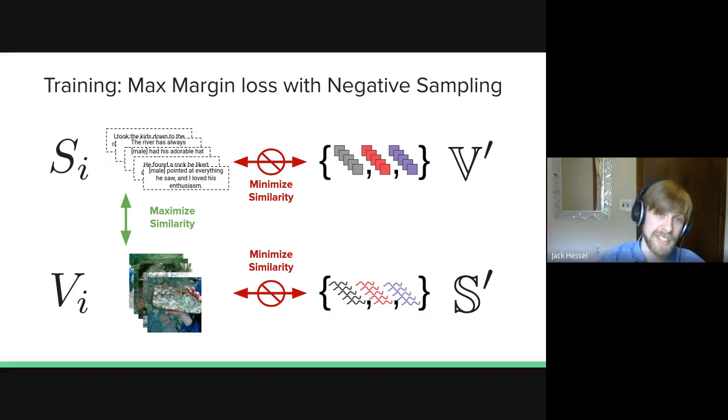So for this particular set of sentences, for example, we will negatively sample image sets from different documents and minimize those similarities. And so this is just a high-level sketch of how the training process goes. And we're going to maximize this training objective with respect to the parameters of our neural networks.